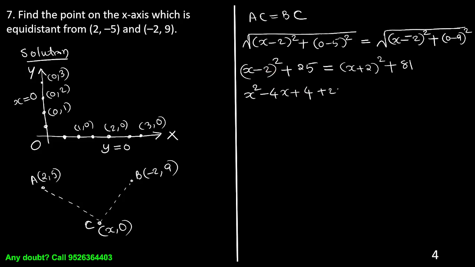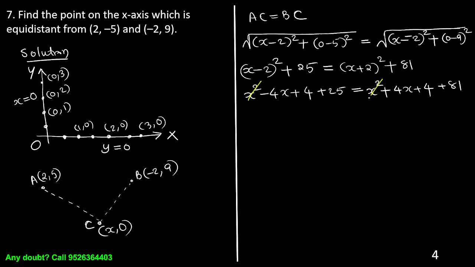Plus 25 is equal to. Right side it is (a plus b) all square. You know the expansion. x square plus 4x plus 4, that is a square plus 2ab plus b square, plus 81 is there.